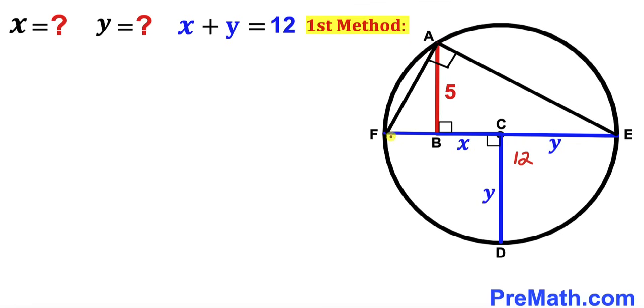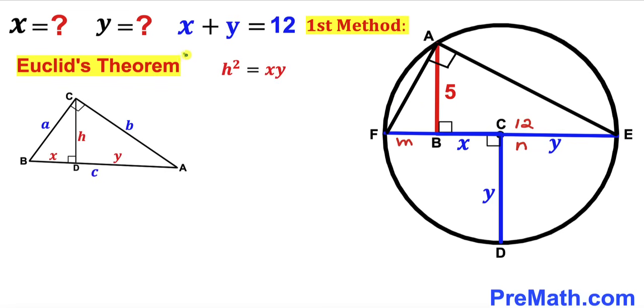Now I am going to label this tiny segment BF length as lowercase m, and segment BE length as lowercase n, such that n equals X plus Y, so n is equal to 12. Now let's recall Euclid's theorem.